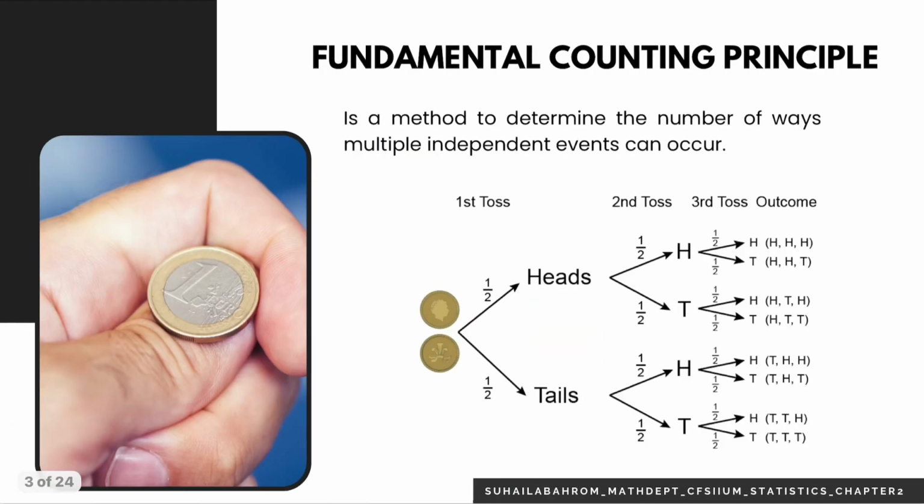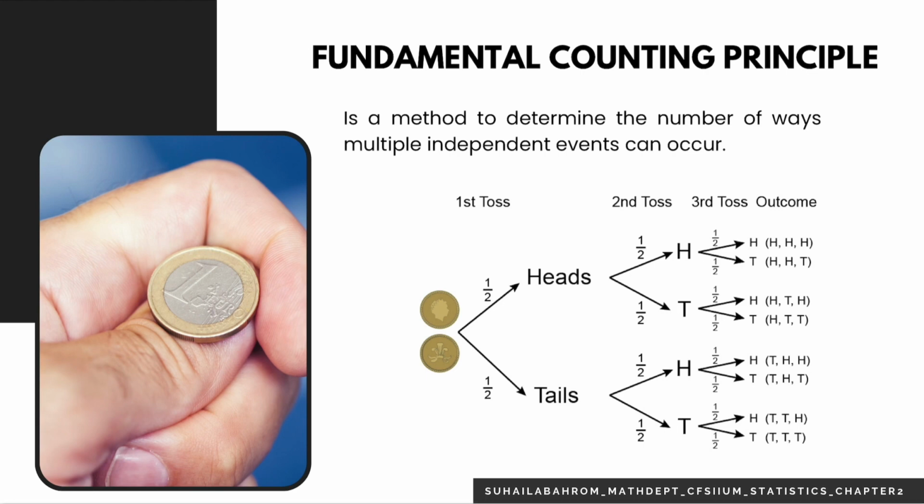Let's look at the example here. Say when you toss a coin, there are two possible outcomes: either you will get head or tails. If it is an equally likely event, or a fair coin, the chance for you to get head is half. Same goes for tails, which is also half.